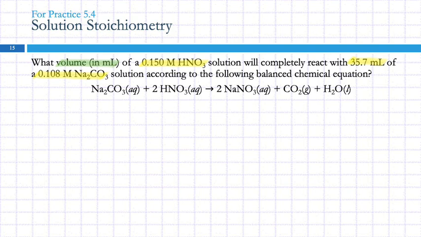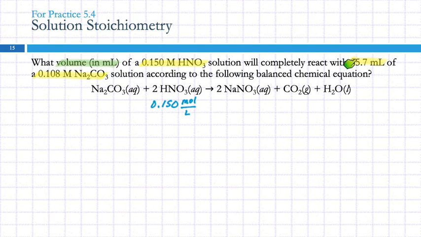And then just like with grams to moles and moles to grams, I'm going to use the balanced chemical equation to organize these numbers. So this is 0.150 molar HNO3. So I'll find HNO3 in the balanced chemical equation, and I'll write that concentration below it. But instead of the capital M, I'm going to write moles per liter, because that's what it means.